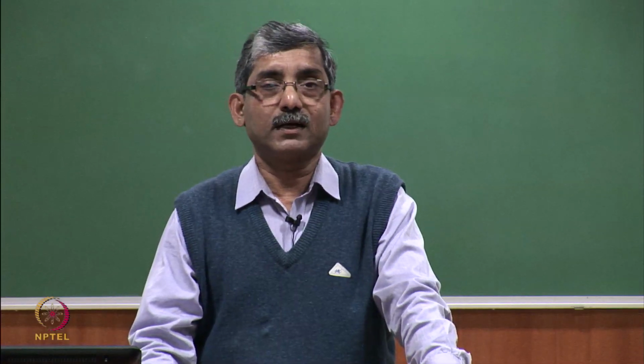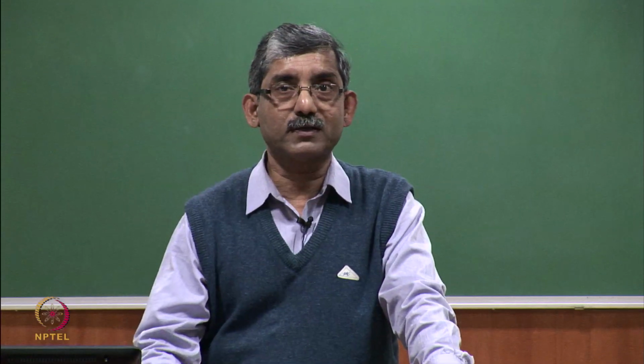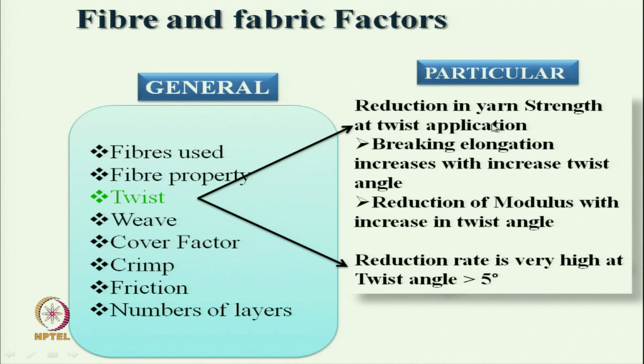Now, as far as yarn characteristics are concerned, twist is a very important characteristic. If we increase the yarn twist, due to the obliquity effect, the yarn strength reduces. So, we must try to use the twist as low as possible. Breaking extension increases with the increase in twist level. As the twist angle increases, breaking extension increases, and it also reduces the modulus.